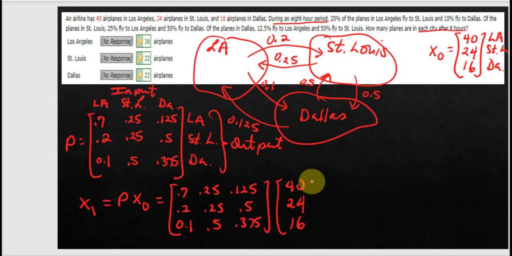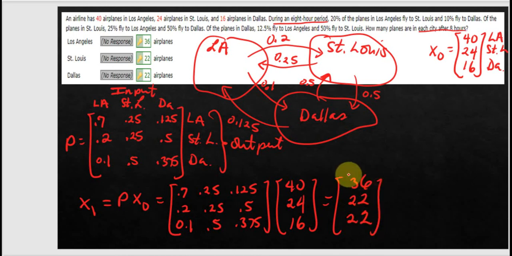Now when you multiply that out, and I did the matrix multiplication on my calculator, I get 36, 22, and 22. So after 8 hours, there are 36 airplanes left in LA.